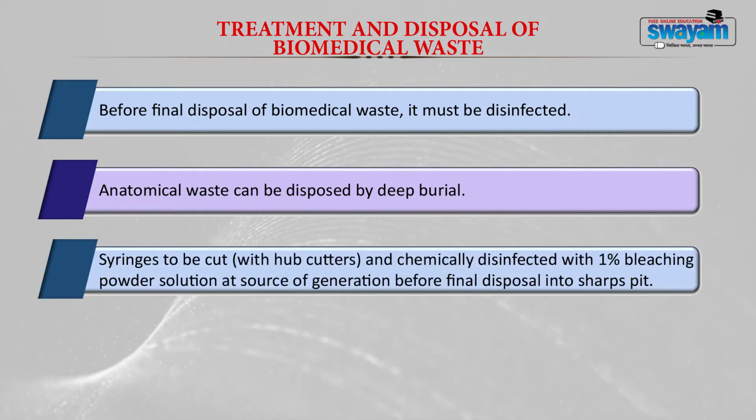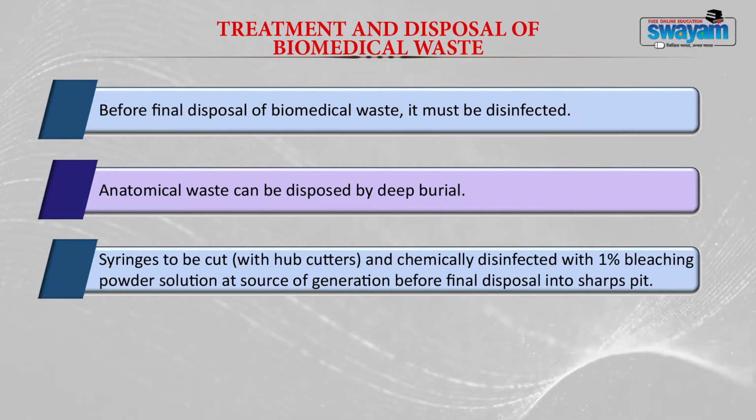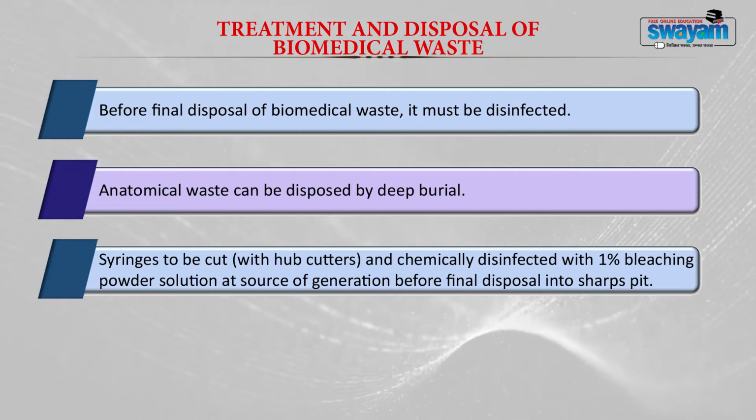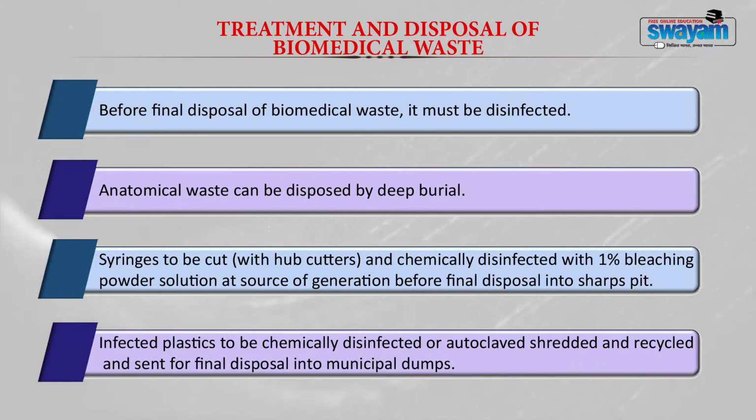Sharps like syringes should be chemically disinfected with at least 1% bleaching powder at the source of generation itself, and then disposed of into a sharp pit. Infected waste should be chemically disinfected or autoclaved, shredded and recycled, and then sent to disposal units. These are some examples of how waste is generally treated before disposal.